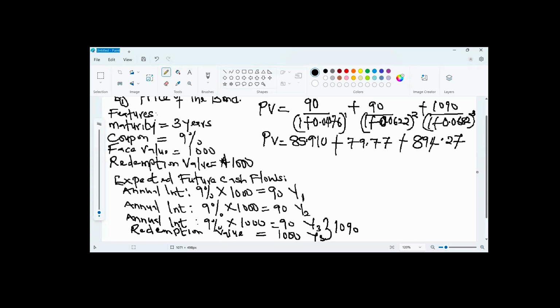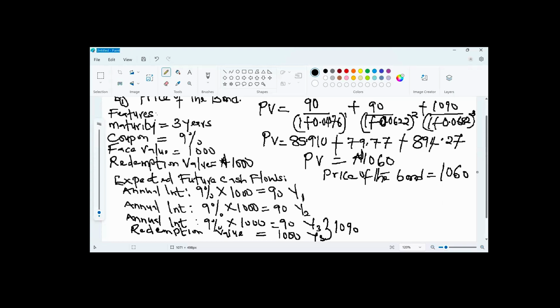The price of the bond, that is the present value of the bond's future cash flow, is equal to approximately 1060. We are done with that.